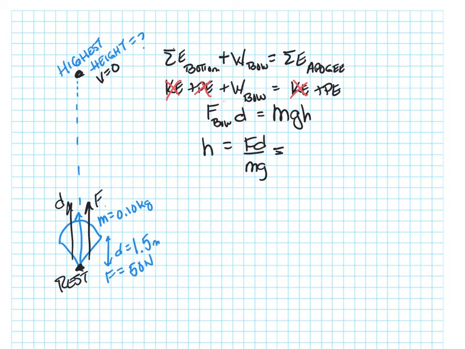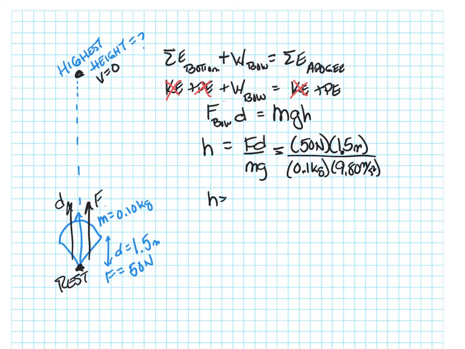Okay, Fd, let's see. So that's going to be 50 newtons times I pulled the bow back 1.5 meters, long arms, divided by the mass of the arrow, 0.1 kilograms, times g, 9.80 meters per second squared.